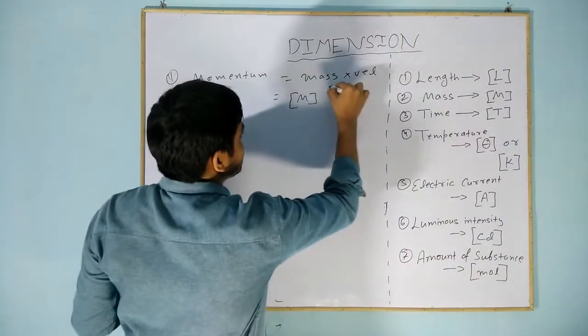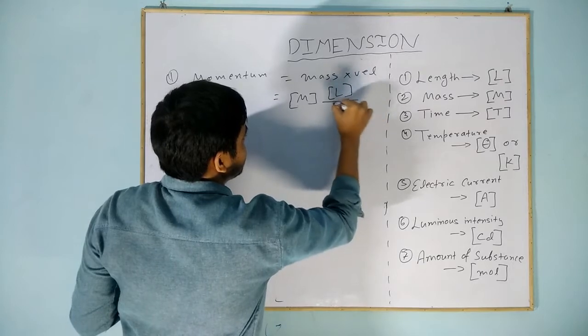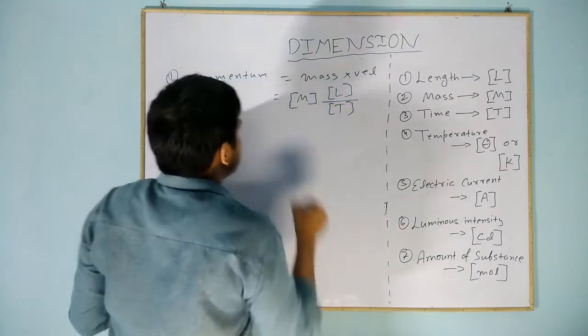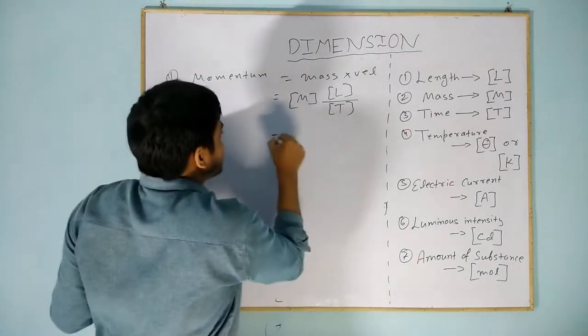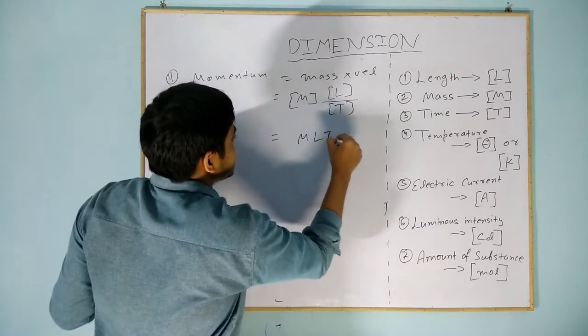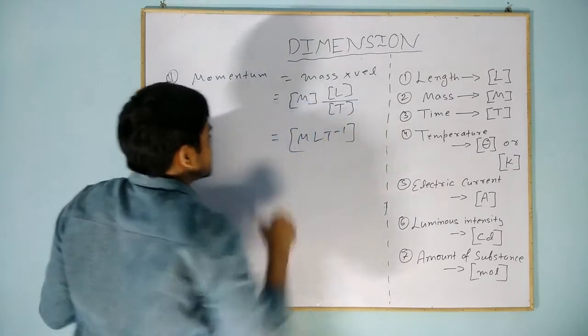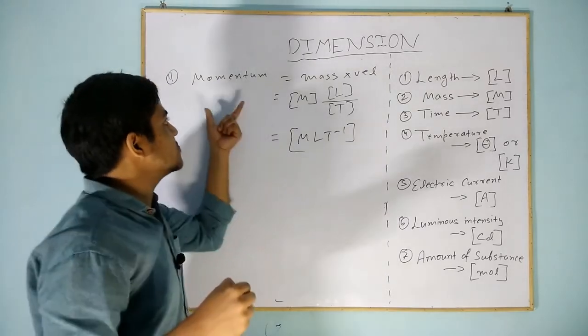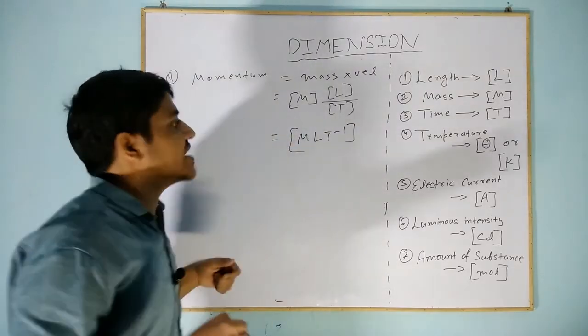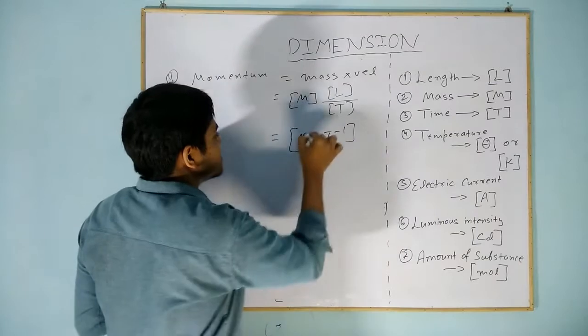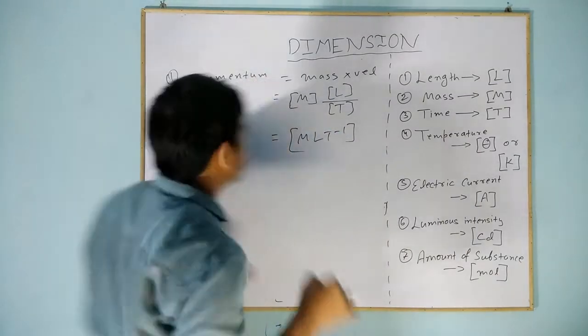That means length upon time. So the dimension of momentum comes out to be M L T raised to the power minus 1. This is the dimensional formula of momentum, and we will say the dimension of momentum is 1 in mass, 1 in length, and minus 1 in time.